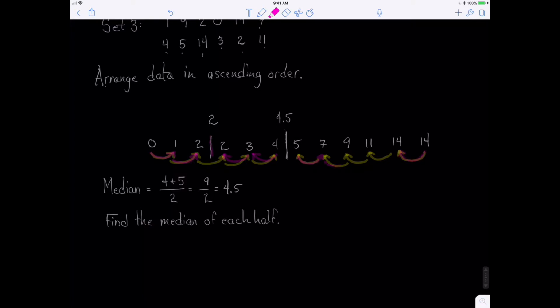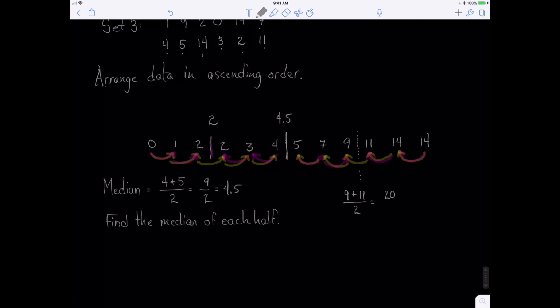Then from the 7 up to the 9, from the 14 down to the 11, and notice that now my next median is right between 9 and 11. So I take 9 plus 11, which is 20, divided by 2, which is 10. The median of my upper half is 10.